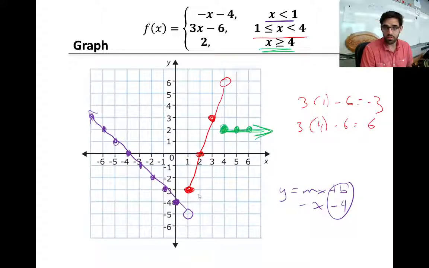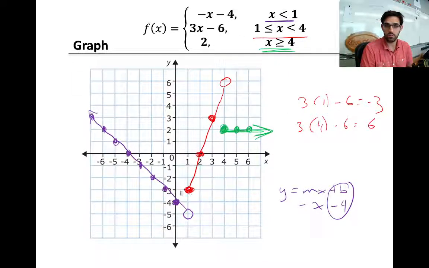Another way you can graph those lines is you could think, okay, I know these are linear graphs, they're straight lines, so I can plug in the low and the high values to see where they start and where they end. So if I plug in the low value of 1 into 3x minus 6, I get -3.